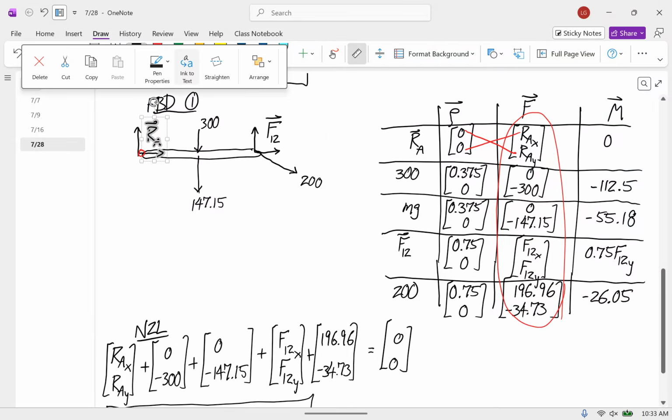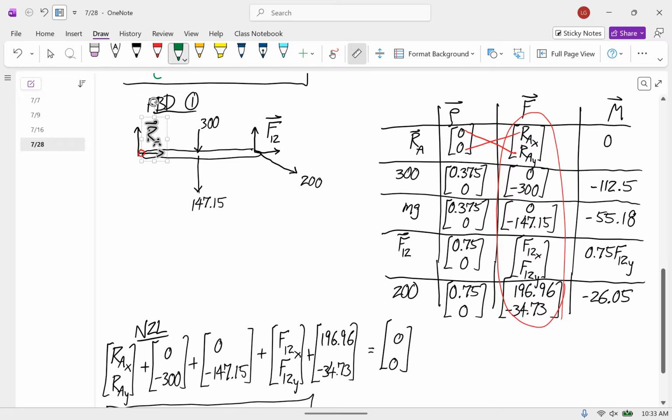And next I'll use rotational Newton's second law, the moment equation. I'm going to add all those up and set them equal to 0.